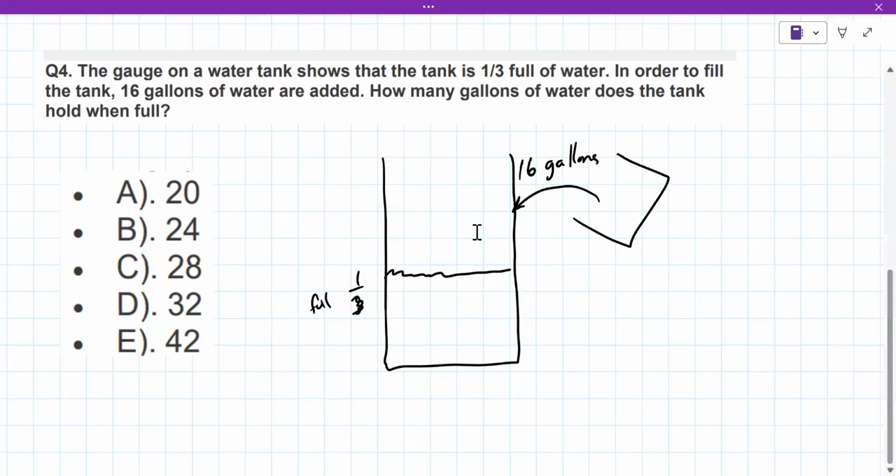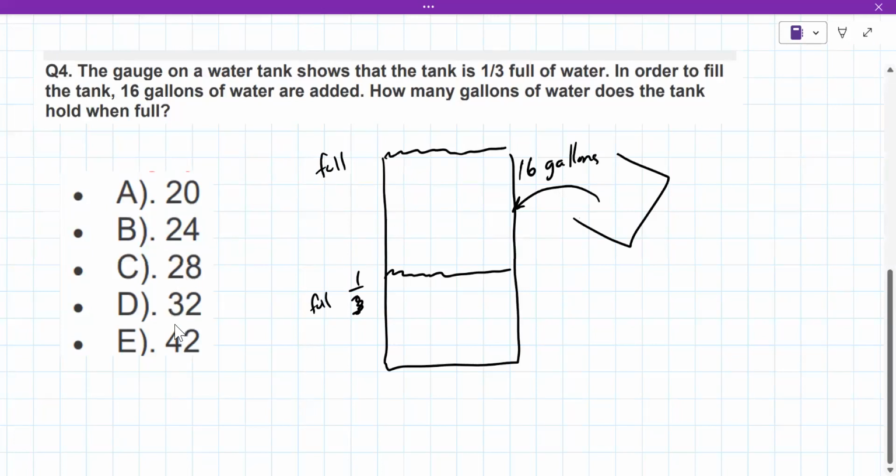We know it's going to be more than 16, but all these are more than 16. You add 16 gallons, and then it's completely full. How many gallons of water does the tank hold when it's full?